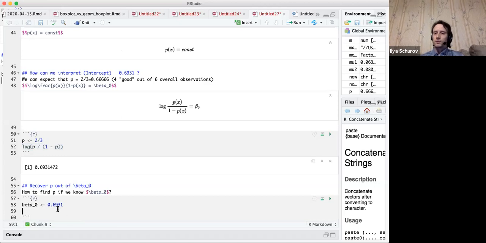How to do it? We can actually use the formula that we discussed at the lecture. I just want you to see that this formula is applicable here.